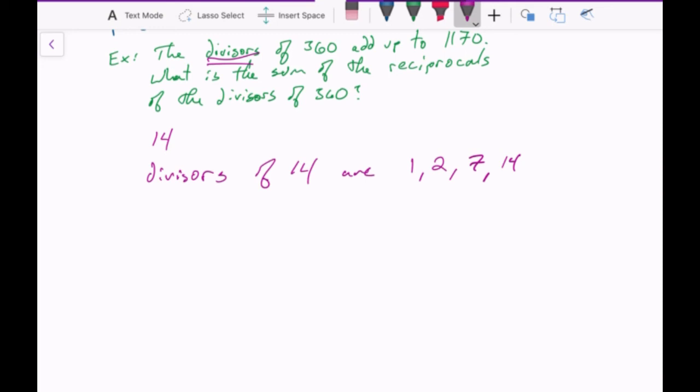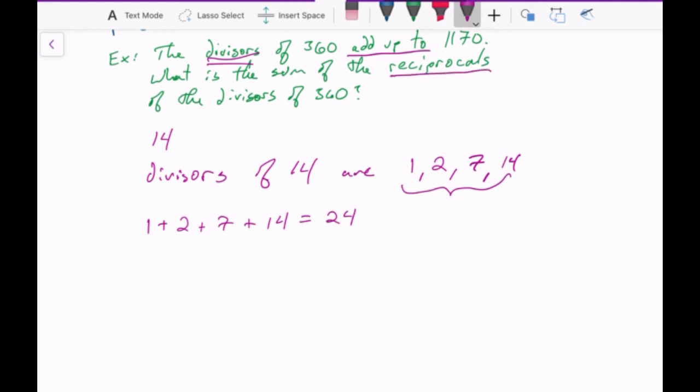So I've only got 4 divisors to work with. Now, because the original problem gave me the sum of the divisors, 1170, let me get what these divisors add up to. 1 plus 2 plus 7 plus 14 equals 24.